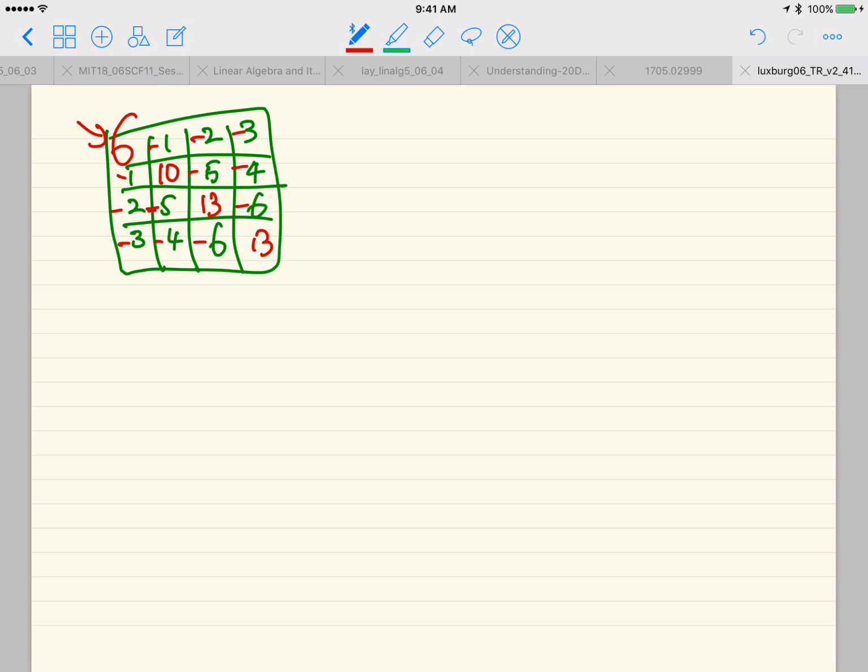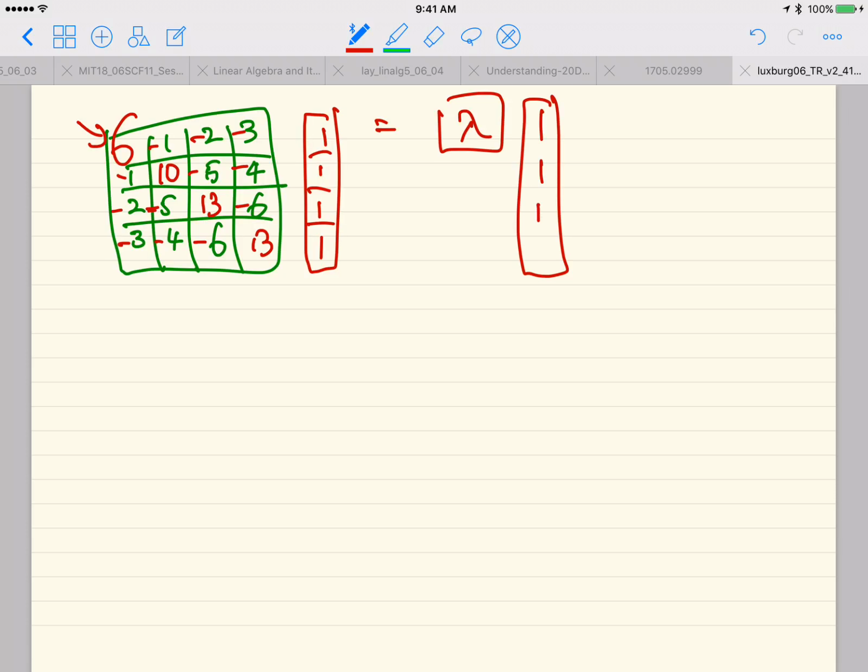Okay, so I mentioned that we have an eigenvector of all ones, right? And then what will be the corresponding eigenvalue, lambda? Or what will be the resulting vector after doing this matrix-vector multiplication?